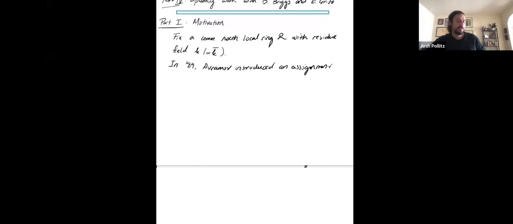Okay, so the story starts, I guess, in 1989, at least in local algebra. So in 89, Lucho Avramov introduced an assignment. What does it do? It takes a finitely generated R module and assigns to it some Zariski closed conical subset.